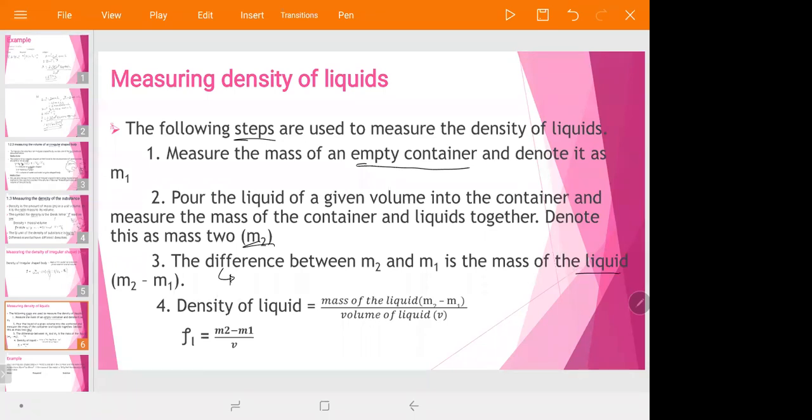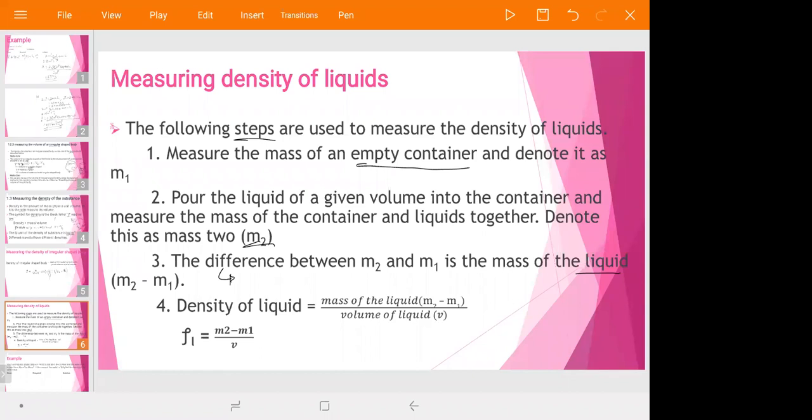Don't forget what we saw previously: it depends on each other. So the density of liquid is equal to the mass of liquid, that means mass 2 minus mass 1, where mass 2 is the mass of the liquid and the empty container, and mass 1 is the mass of the empty container, over the volume of liquid.